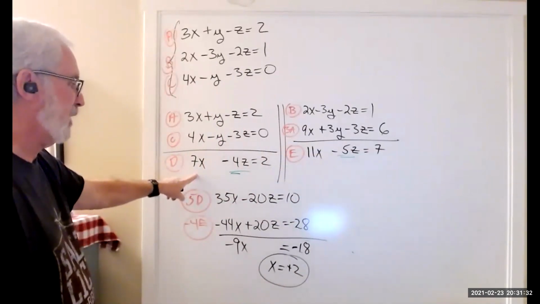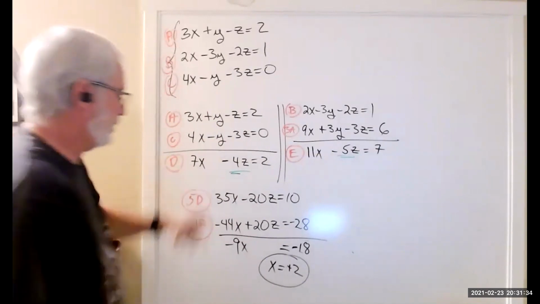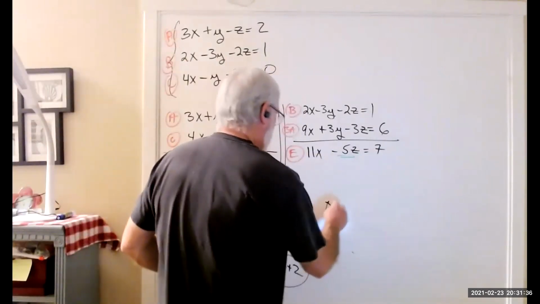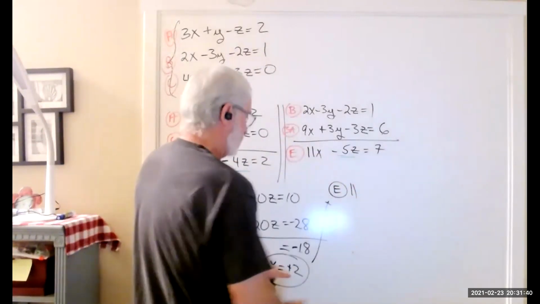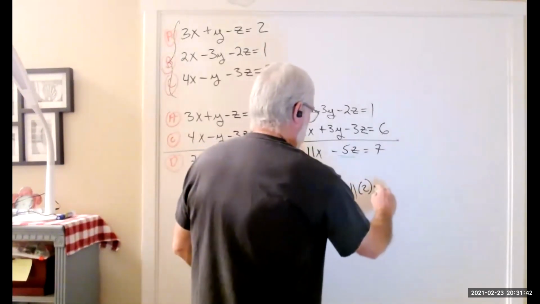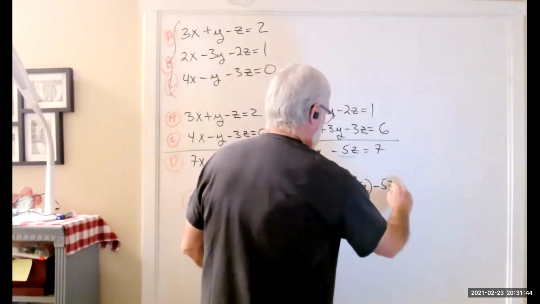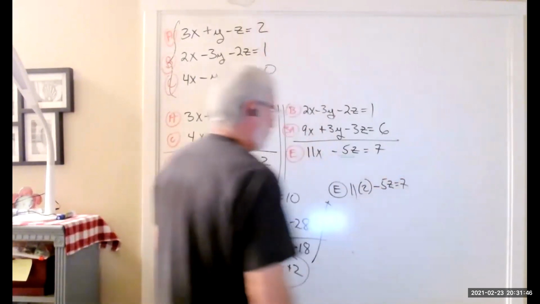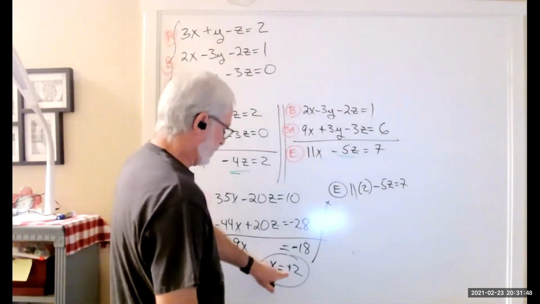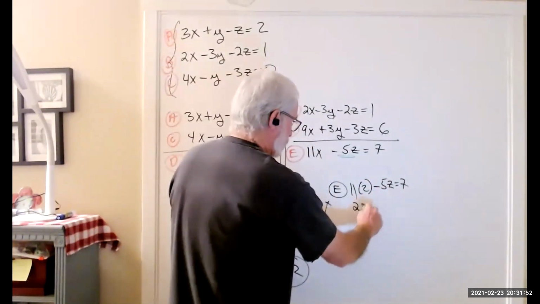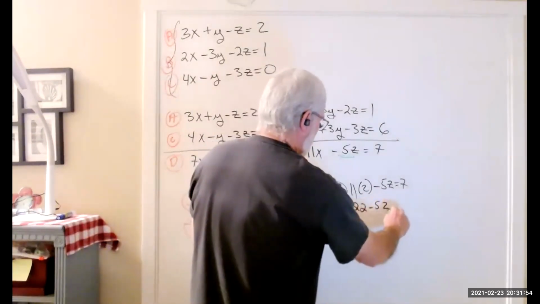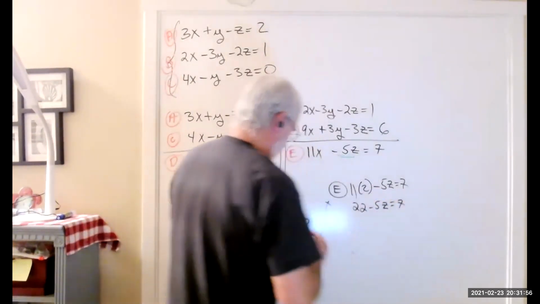I don't see an advantage. Okay, I'm going to plug it into E. I don't know, because there's room here, I guess. So 11 times 2 minus 5z equals 7. So taking x, I'm going to plug it into E. So that's 22 minus 5z equals 7.